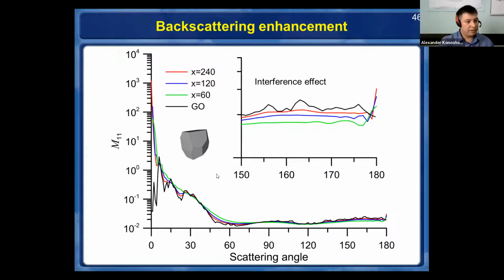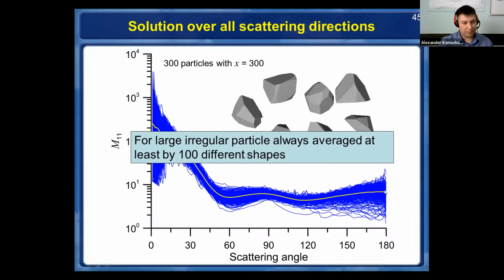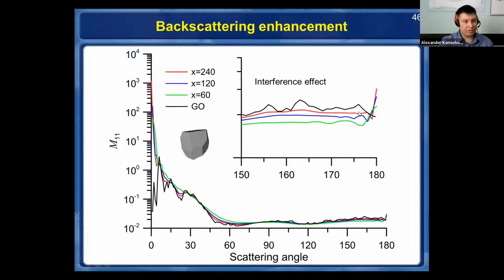And all these particles have this backscattering enhancement. If you take this solution within geometrical optics, there is no backscattering enhancement. But if you use the physical optics methods, you see the backscattering enhancement here. It can be 2 times bigger than the geometrical optics solution, and the depolarization ratio is different here.